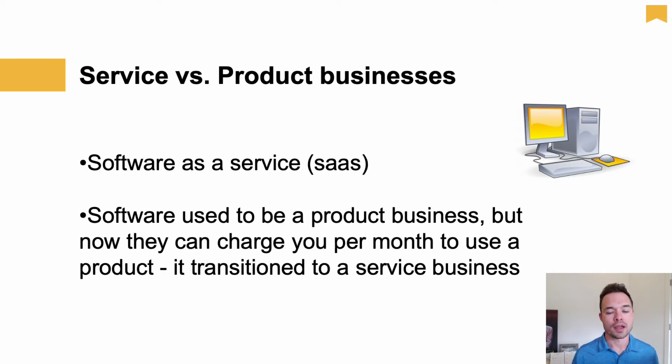And so software as a service, because it's so prevalent in today's business world, you need to understand that it really has evolved from a product-based business into a service-based business where we pay a subscription fee to continue to have access to that service or to that product. Again, this is a very popular model today, so I thought it was important to bring this up specifically so that we can make that distinguishing recognition.